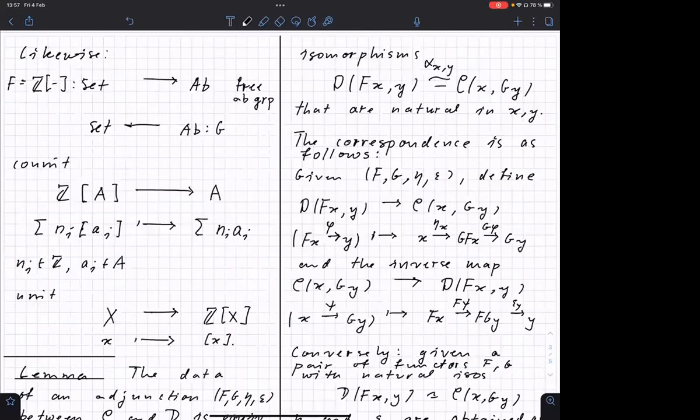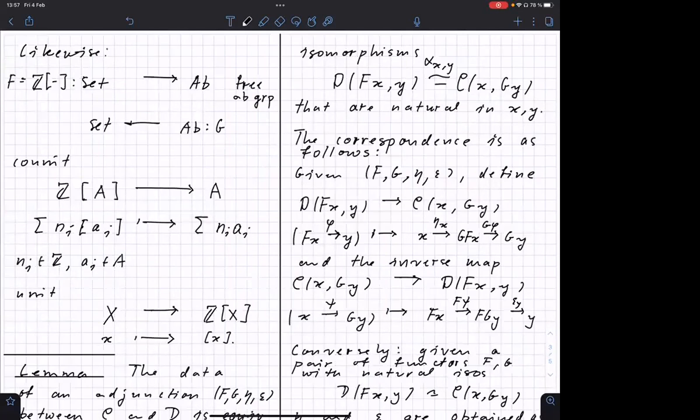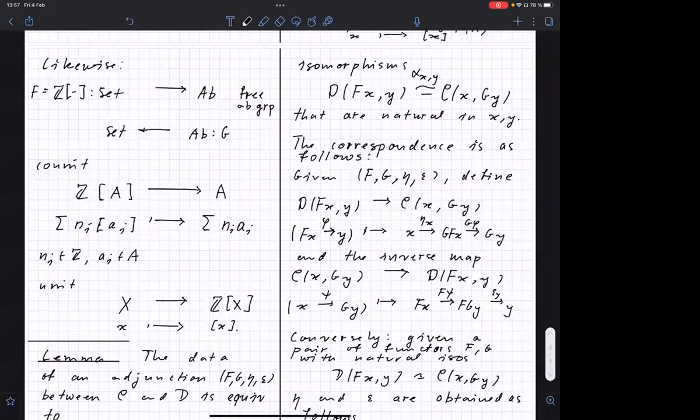I can take an object X of C, apply F to it, get an object of D, and then Hom that into an object Y of D. So I have a Hom set in D from FX to Y, and that turns out to be isomorphic to the Hom set in C from X to GY. And this set of isomorphisms is natural in X and Y in an obvious sense.